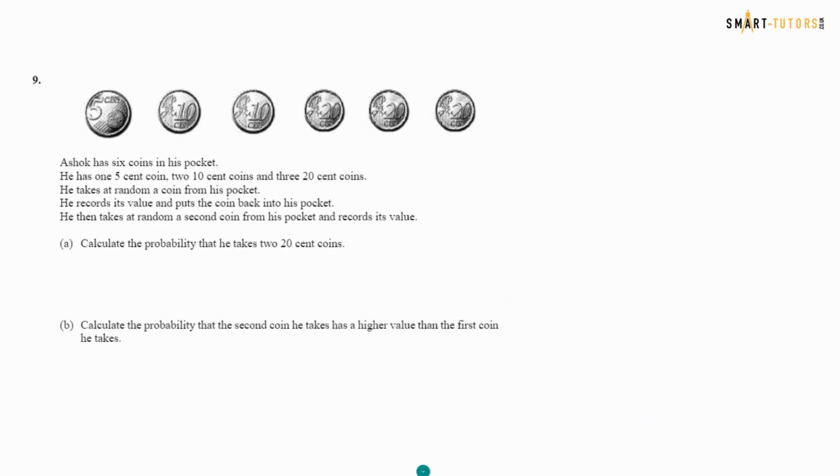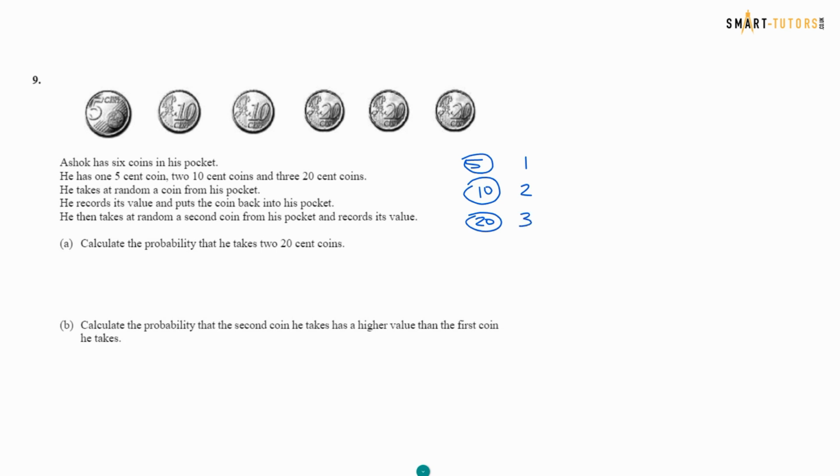Question number 9. Ashok has 6 coins in his pocket. He has 1 5-cent, 2 10-cent and 3 20-cent coins, so let me write this one. So 5 cents is 1, 10 cents 2, and 20 cents is 3.